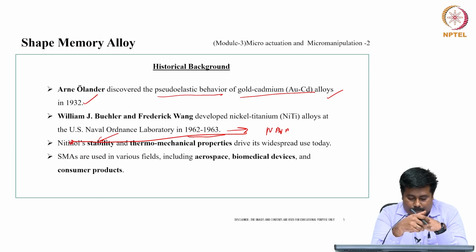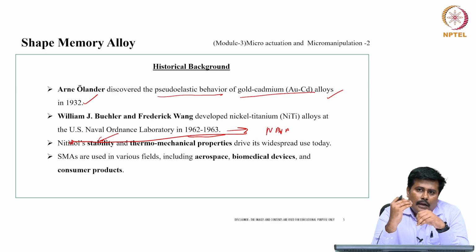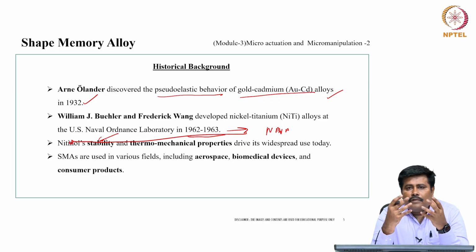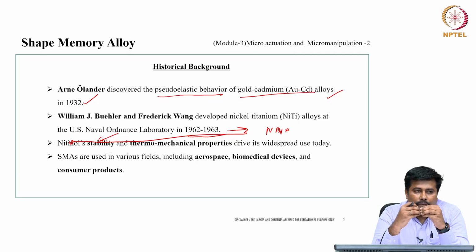Now, from a biomedical point of view, since the shape memory alloy comprises nickel and titanium, these nickel and titanium structures are highly biocompatible. So it can be effectively used for biocompatibility related applications.